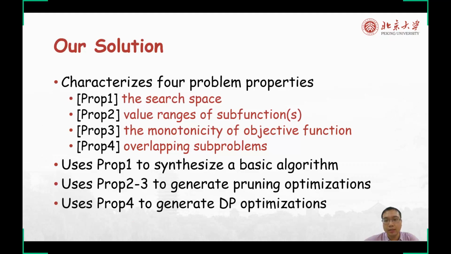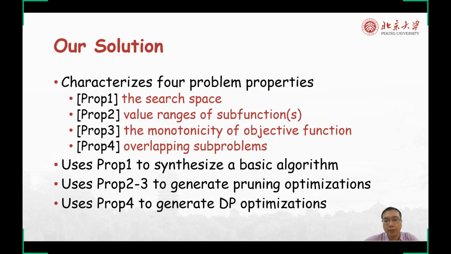To address these challenges, we define 4 problem properties: the search space, value ranges of subfunctions, the monotonicity of the objective function, and overlapping subproblems. Prop 1 determines the complexity of a brute force search algorithm and is used to design the basic strategy.